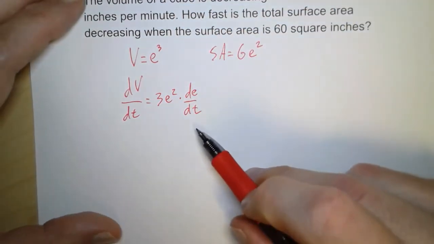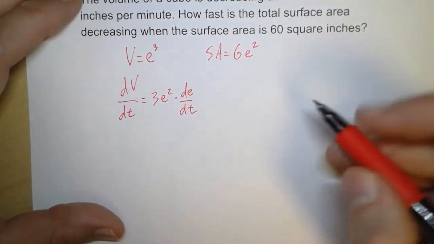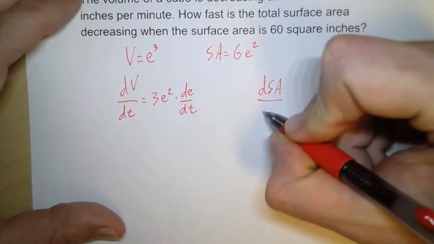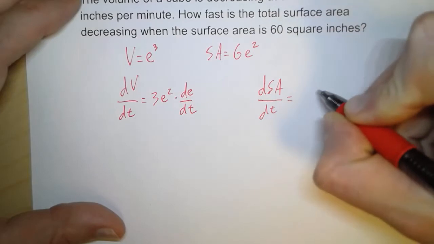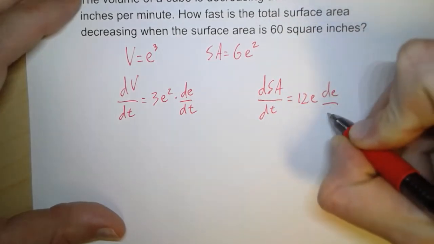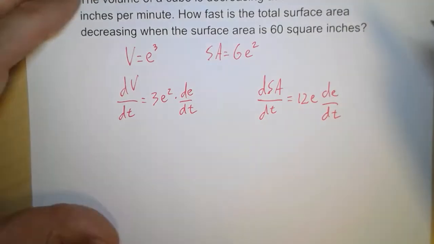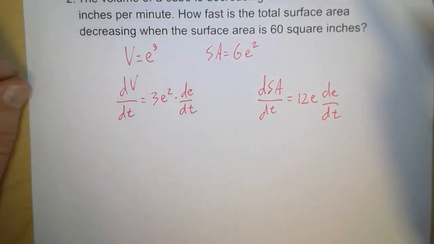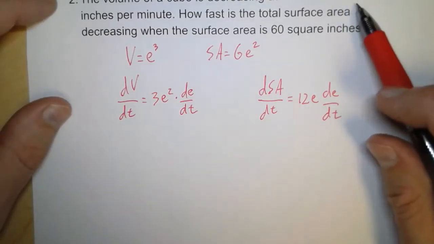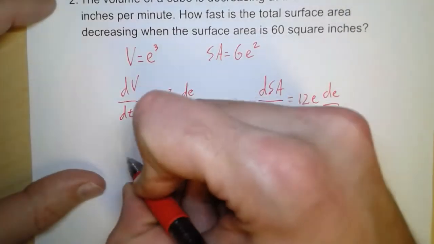And then we need the change in the surface area, dSA over dt equals 12e dE dt. The only thing we can plug in right now is 10, the rate for dV dt.